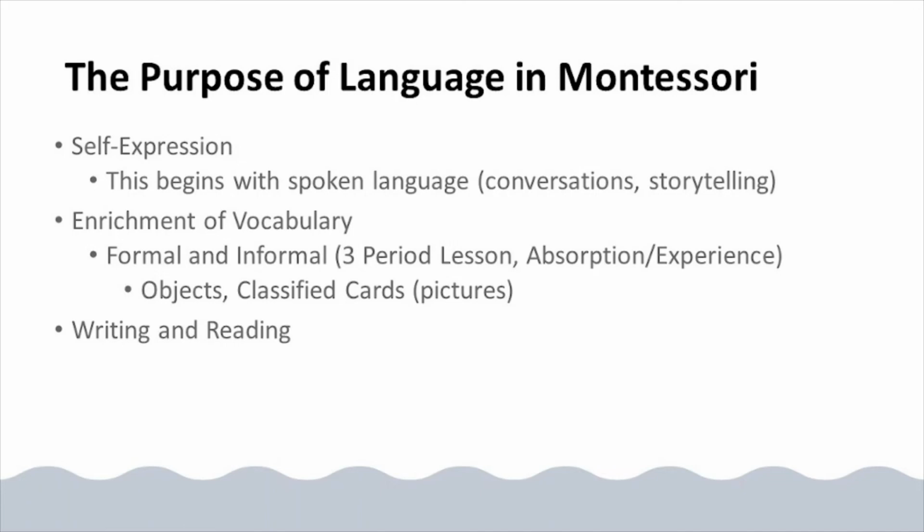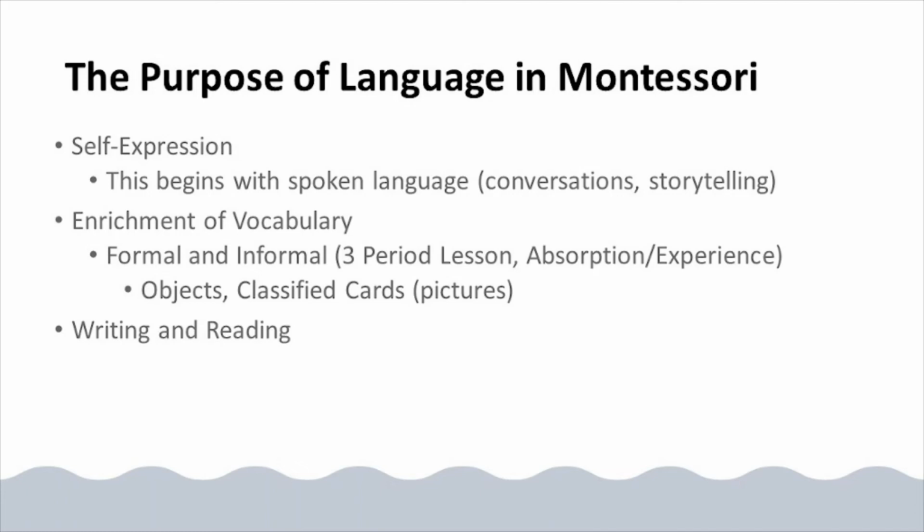And we do this in the Montessori environment through something called classified cards. They're also known as 3-part cards. So those are the different ways to associate words with what's going on in the environment. But like I said, anytime you go outside of your current environment, we use pictures.